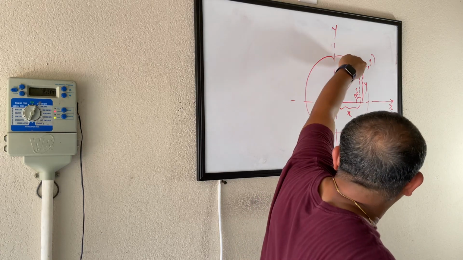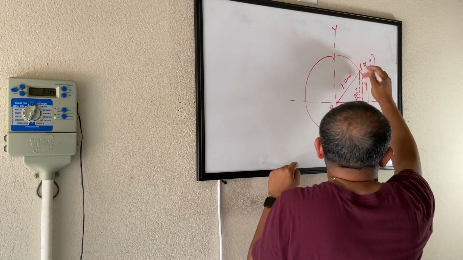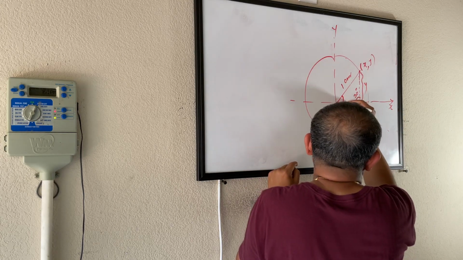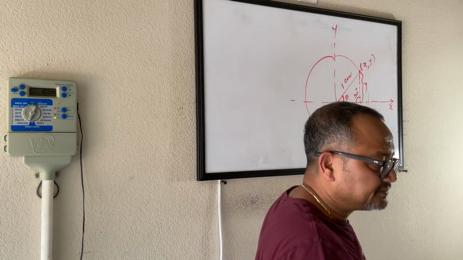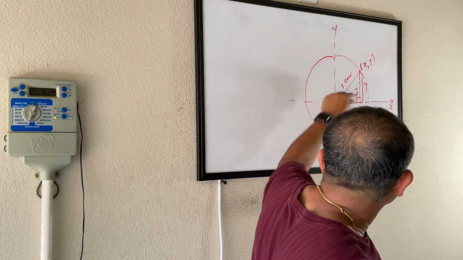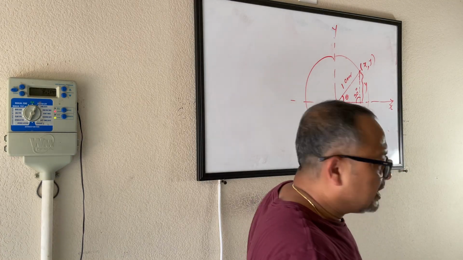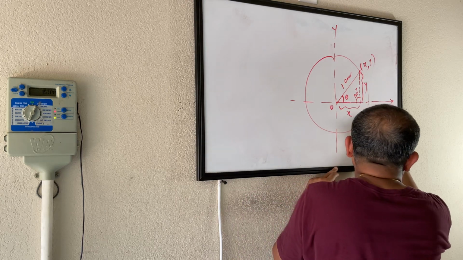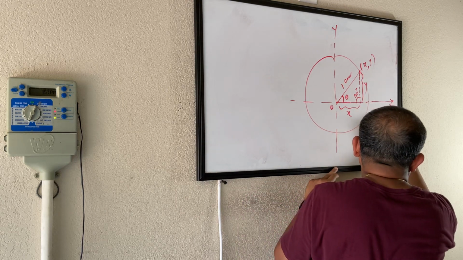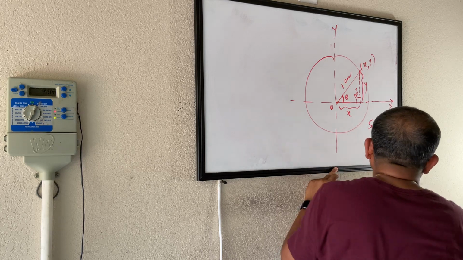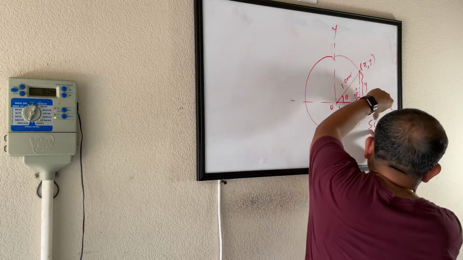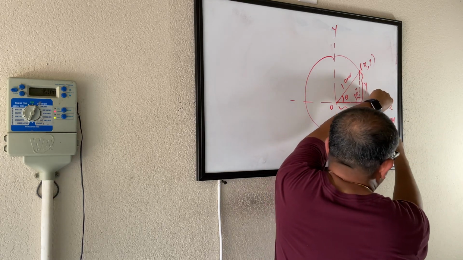Since I picked up this point here, I don't know where I picked it. If I could have picked it here, that would have been different. So let's say this is angle theta. Okay, this angle is theta. So, if you guys remember your SOHCAHTOA, which is sine theta equal to opposite side by hypotenuse.